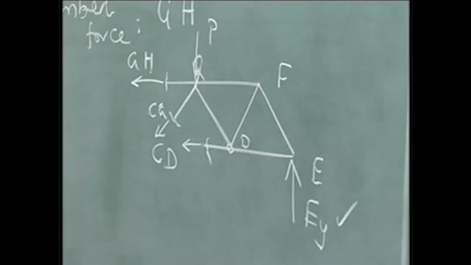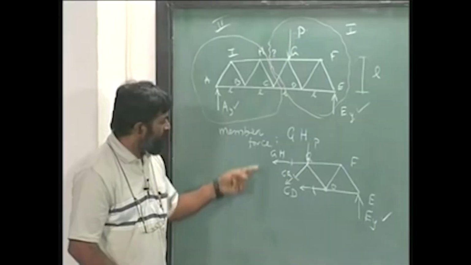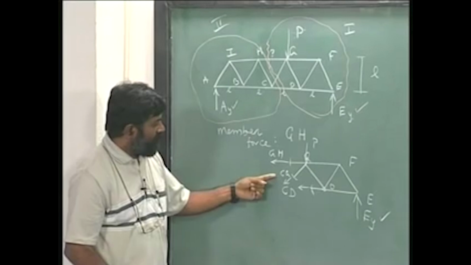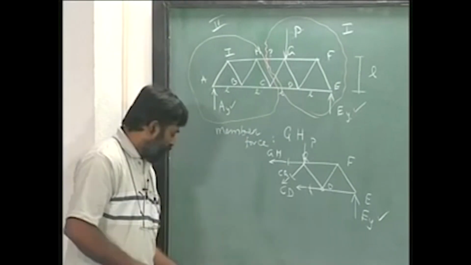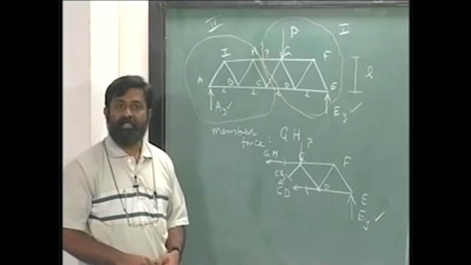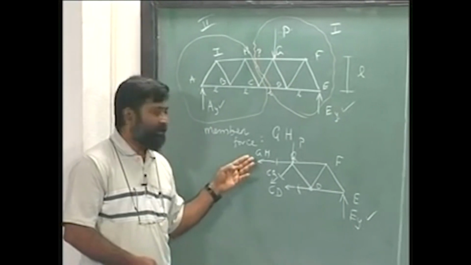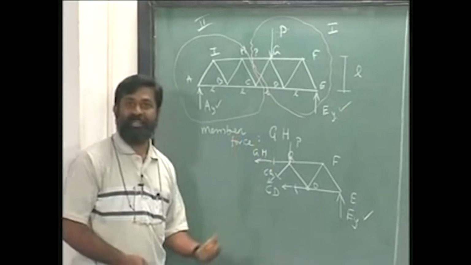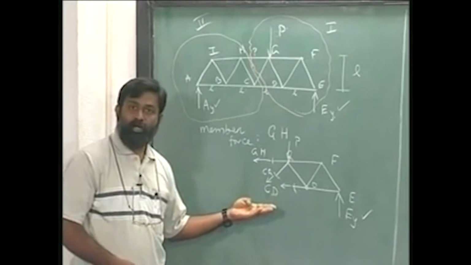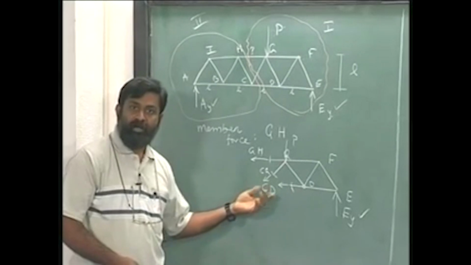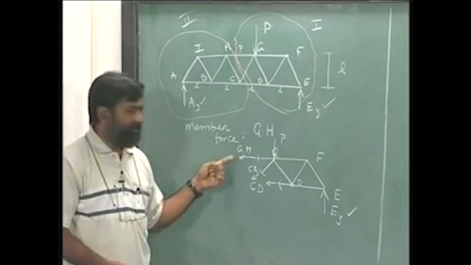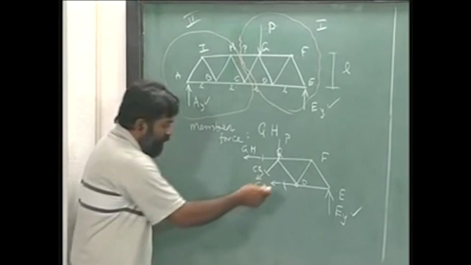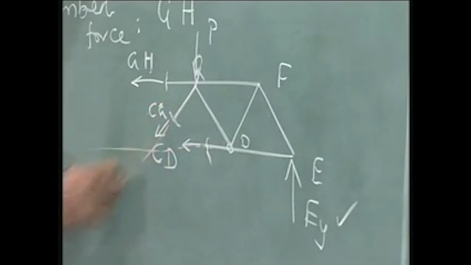Alright. How many forces are unknowns here? GH is not known, CG is not known, CD is not known, but I want only GH. Okay. Earlier we have done this particular exercise of finding out a member force directly. Okay. In this case, what joint will you take or what point will you take in such a way that I can get a single equation in GH? The answer is pretty simple. I will extend this force, find the meeting point. What is this meeting point?